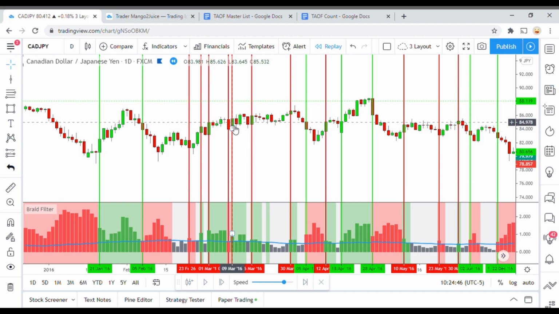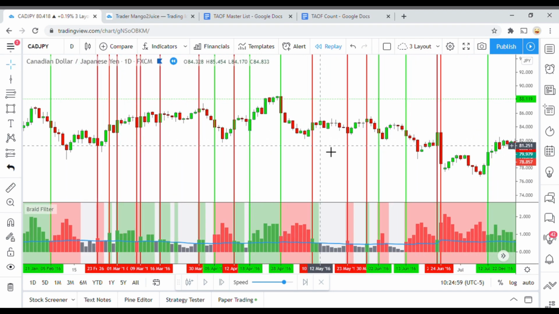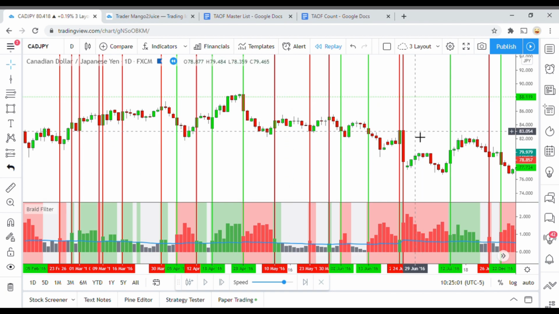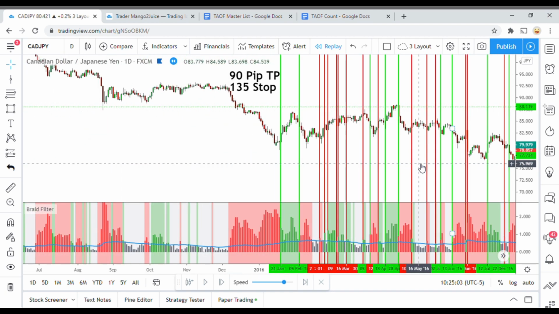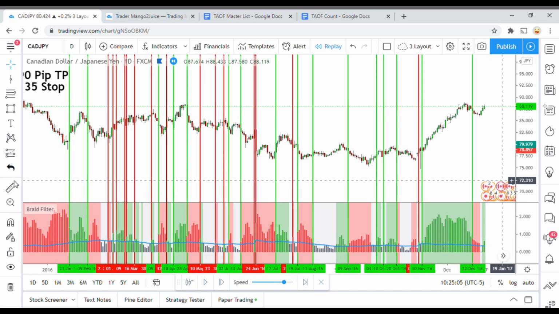Wick to wick, it was definitely bigger than the signal candle. And then over here, it paints this signal to go long and almost immediately starts pulling back. It did that quite a bit, I noticed. And so, yeah, that can be rather problematic.